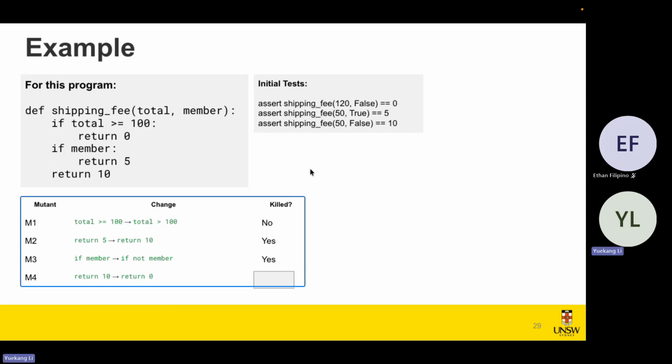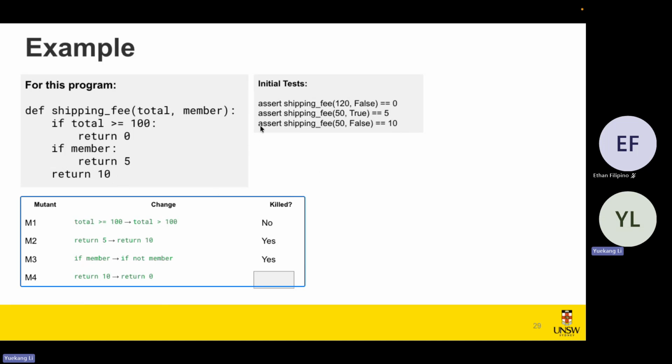Actually, the third test case could be used here, right? Because the third test case is used for triggering the return 10 of the original program. So we can use it to capture the change for that line of code.